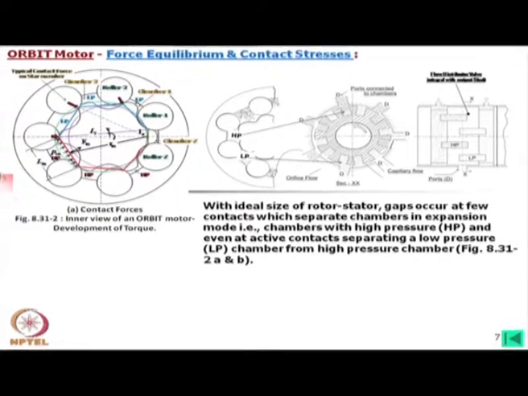Also, if you look into the support and their direction of force, to find the direction of force, what we can do is join the instantaneous center of rotation to the center of the roller or center of the nodes of the envelope. So, we are getting the direction of the force, direction of the support.